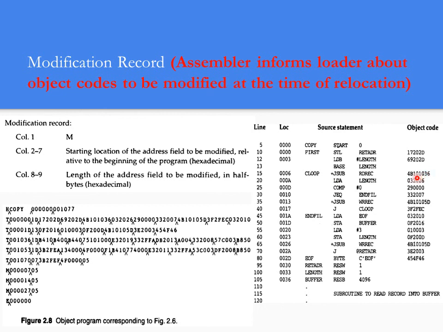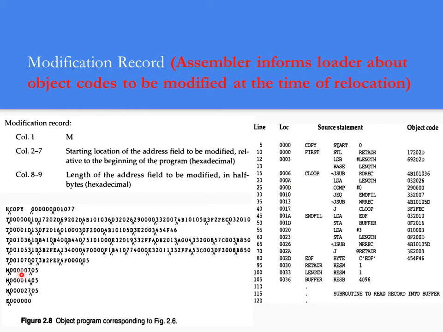So this is a 4-byte instruction. Starting from this 0 onwards, the address field is stored. The last 5 locations contain the address field, which is altogether 20 bits. That is why the length of the address is written in half bytes. Starting from the 0th location of this 10, you have to change, and that is stored in location 007.